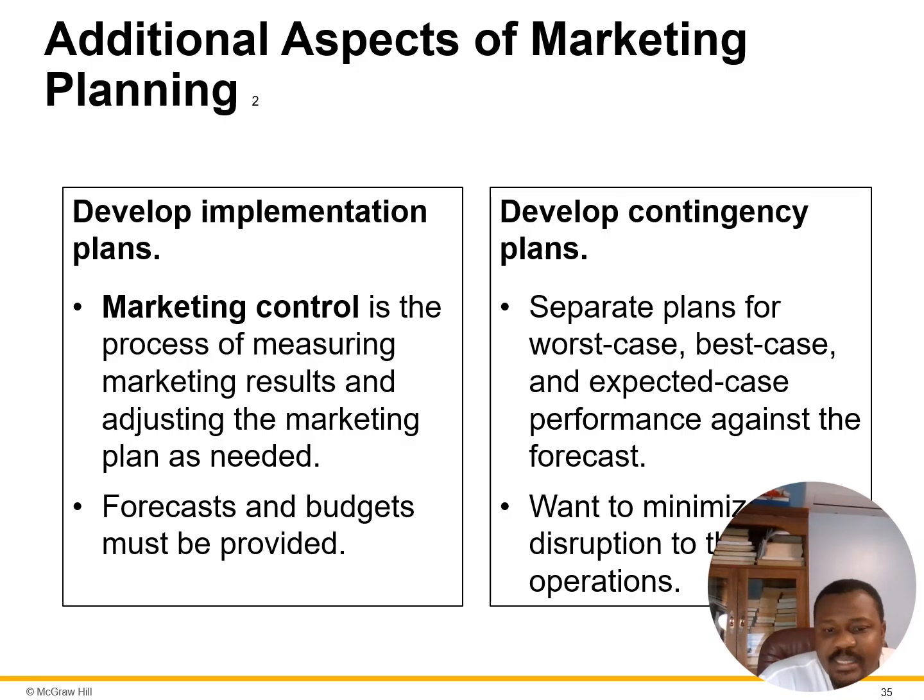Forecasts and budgets should also be considered in the implementation. So with marketing control, we measure the result, adjust the marketing plan, and budget and forecast should be there. Then we look at the contingency, the separate plan for worst case, best case, and expected case performance against the forecast.